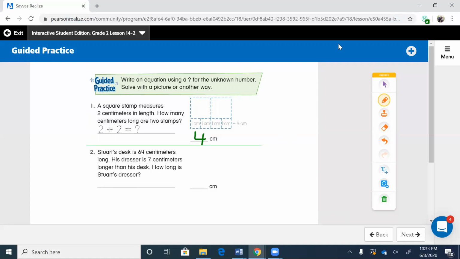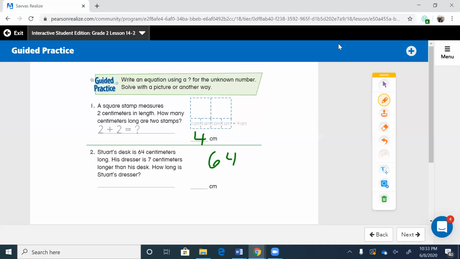What it says is that his desk is 64 centimeters long. Okay, so let me write 64 down. Oh, no, I gotta give myself a little more space so it doesn't come out all sloppy. Okay, 64. I'm just writing that down.